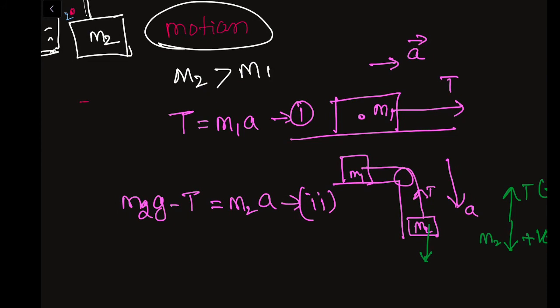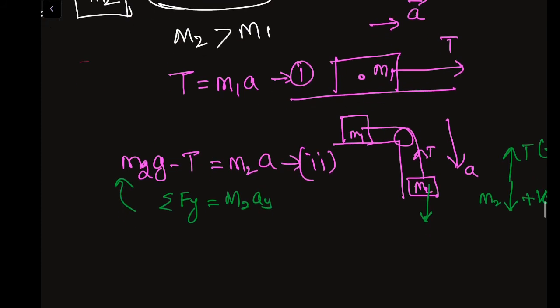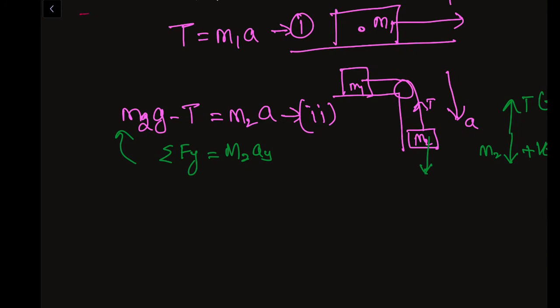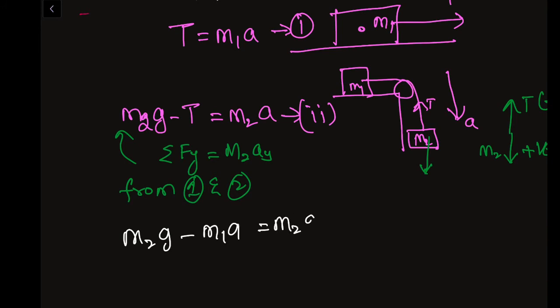The main formula is the sum of all forces along the y direction is equal to mass of the body into acceleration along the y direction. From 1 and 2 we can get the acceleration: M2G minus M1A is equal to M2A.